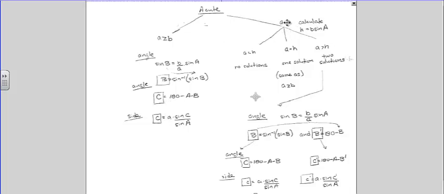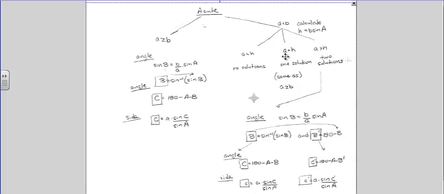Over here, if A is less than B, you need to calculate the height and compare that height with A. There are three scenarios. If A equals H, use the same procedure as over here. If A is greater than H, that's the one that gives you two solutions: one that's an acute solution and one that is the symmetric obtuse solution.